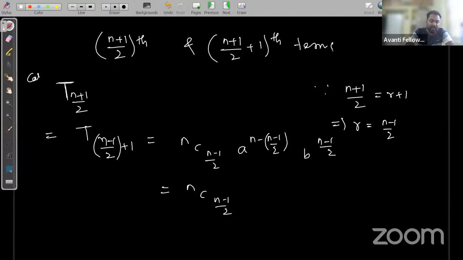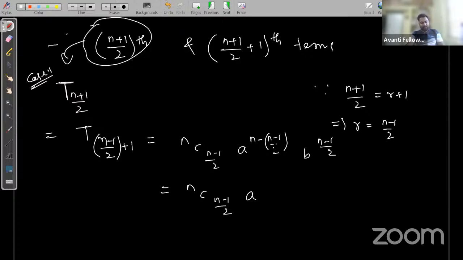This is case 1, for this term we are solving it: a to the power (2n - n + 1)/2, that is (n + 1)/2, and b to the power (n - 1)/2.